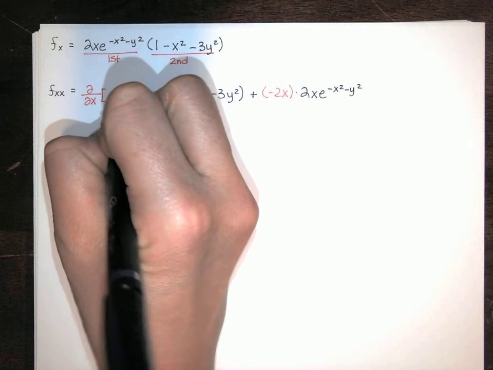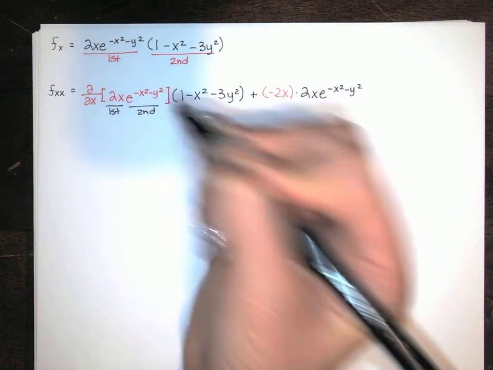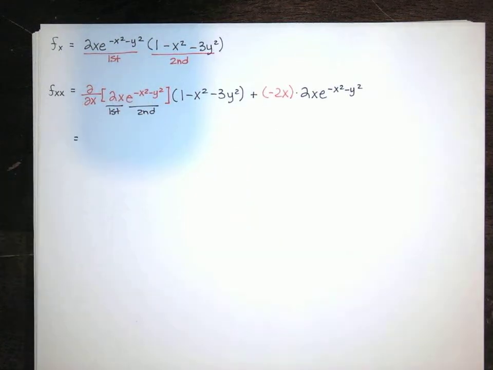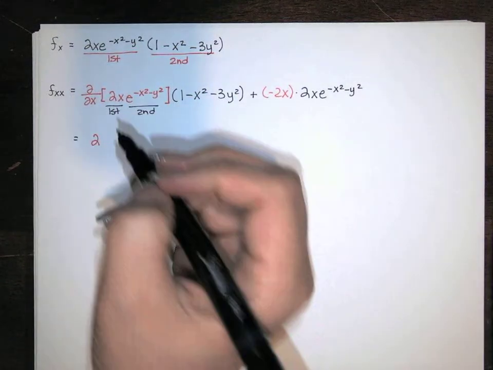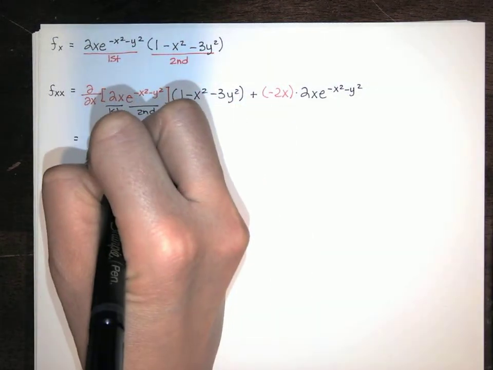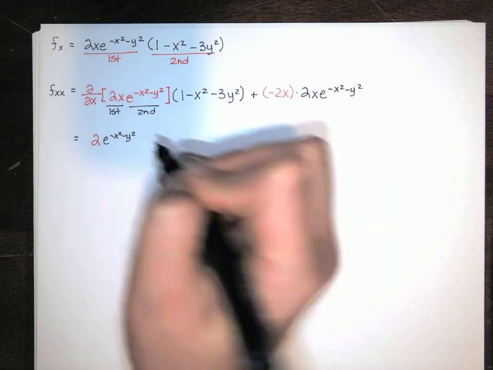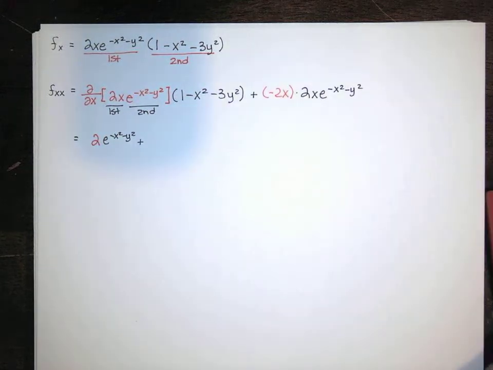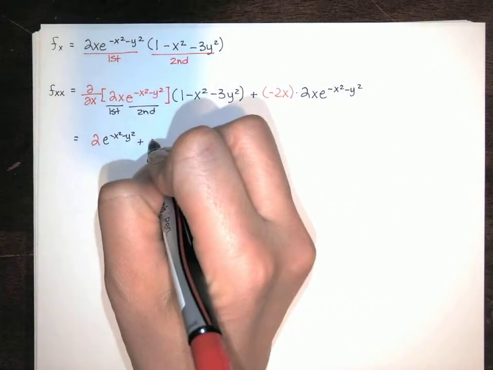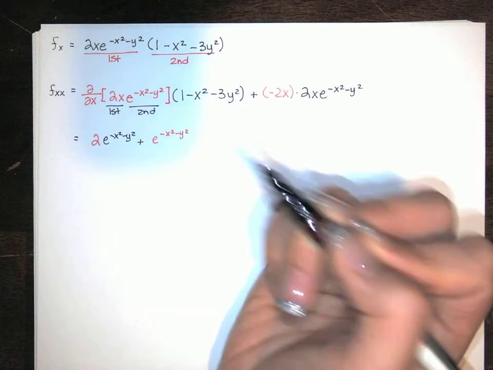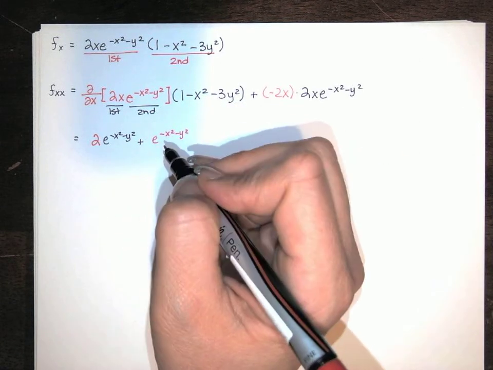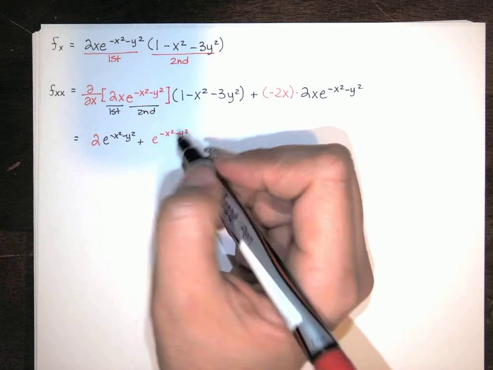Now the only thing left to do is to evaluate this derivative, but that requires a product rule as well. So that's our first function and our second function this time. So we'll have the derivative of the first is 2 times the second, it's that exponential, plus the derivative of the exponential, derivative of e to some power is e to that power, times the derivative of the inside with respect to x, treating y as a constant.